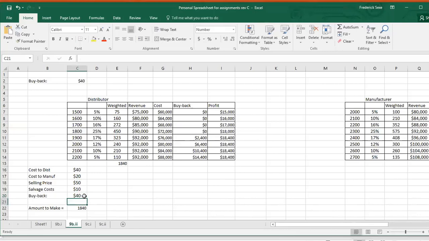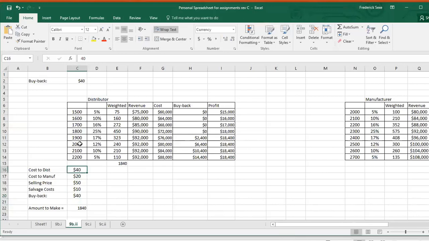So if I use a buyback of 40, which basically says that in this instance, the manufacturer says, I will reimburse you for anything that you don't sell. So in this example, the buyback basically has to be to a point that you buy back at the full price what the distributor does not sell, which is fine.